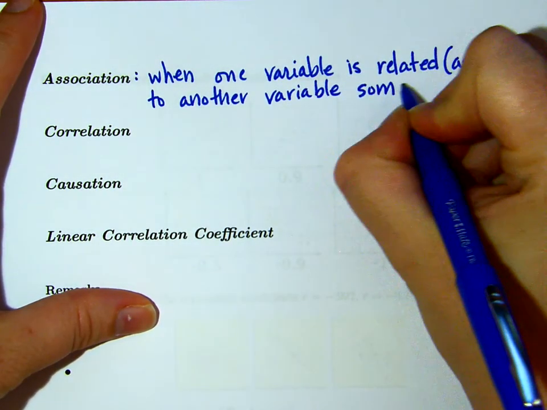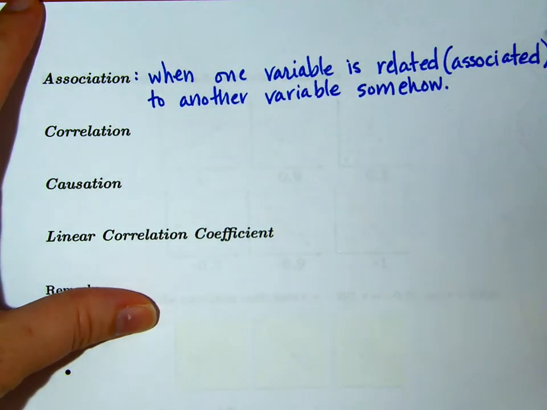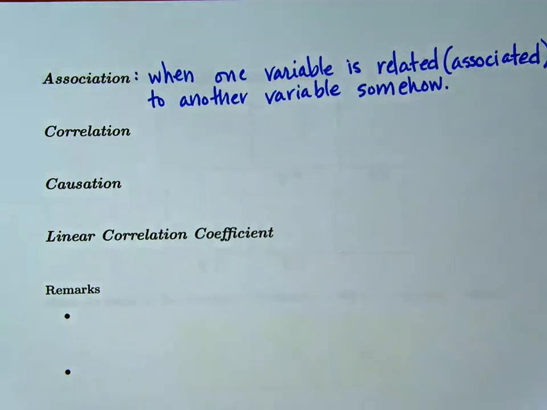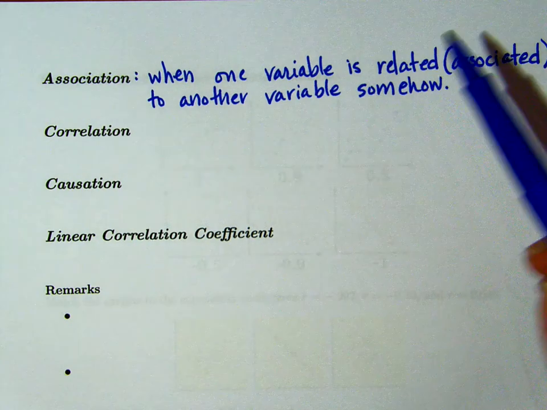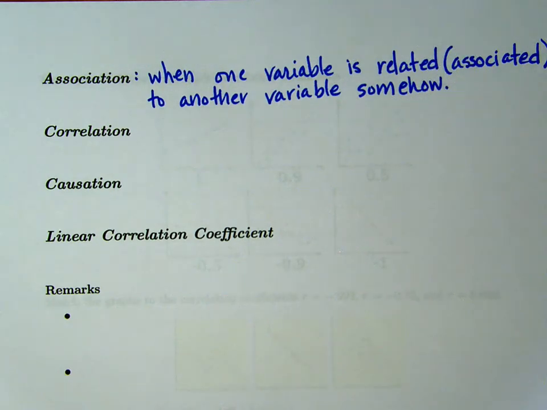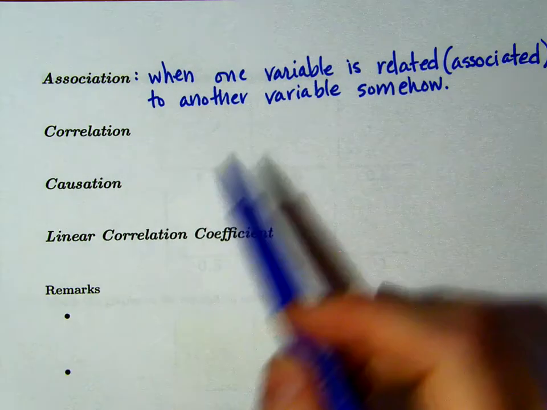And I think that this makes a lot of sense in terms of the word association. When I think about being associated with another person, then somehow, I mean, we're not directly related to each other, but somehow there's a relationship through something, right?